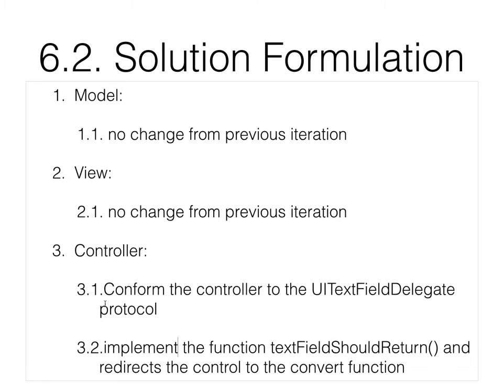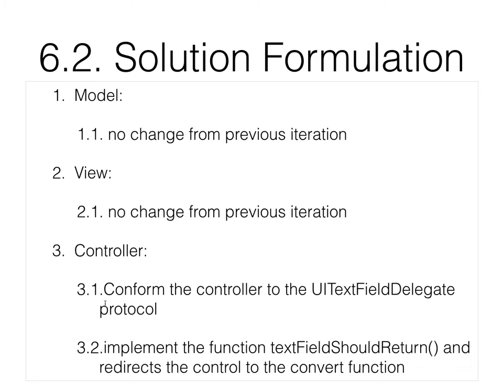If the actions were not connected and were separate, then perhaps you would need to do separate delegate classes for them. So we first need to make the controller a delegate, or implement the UITextFieldDelegate protocol.